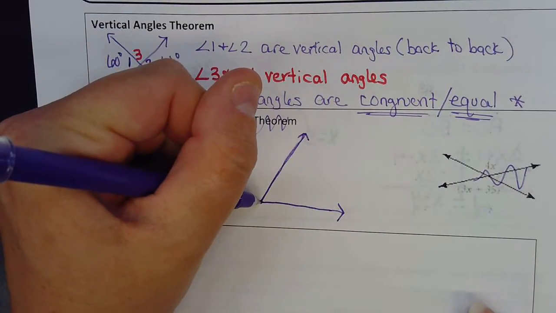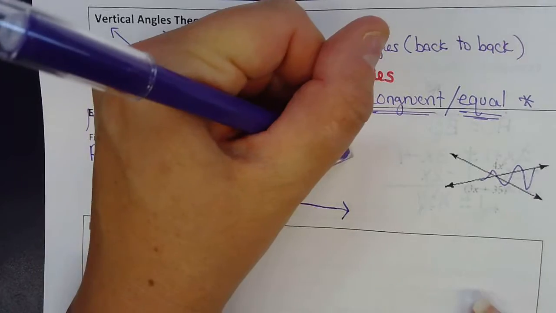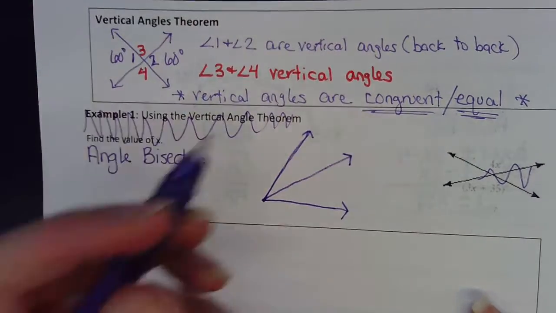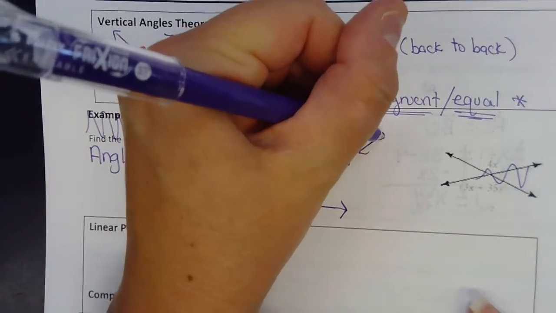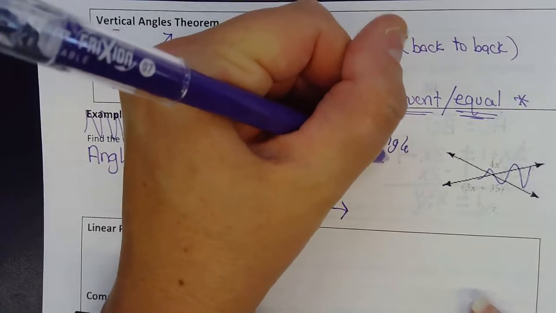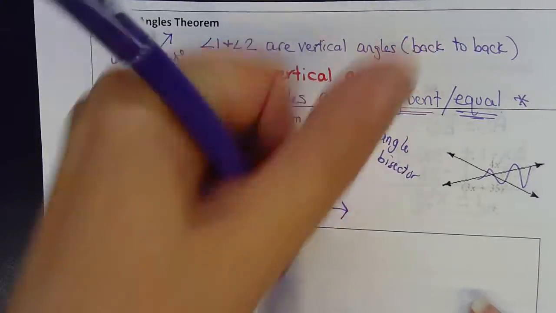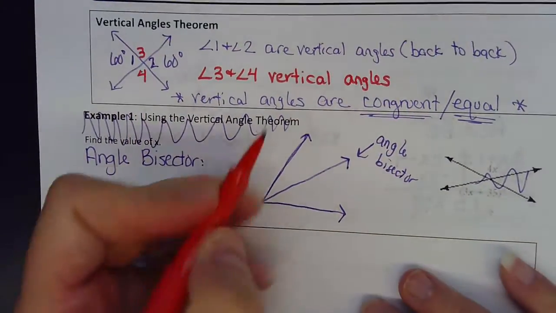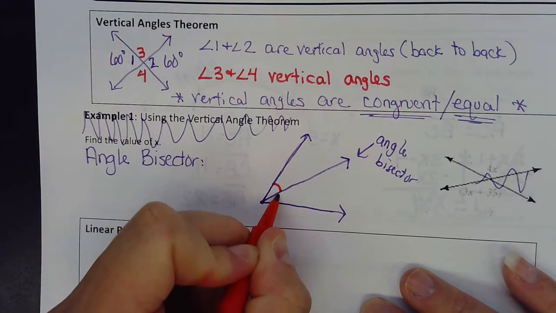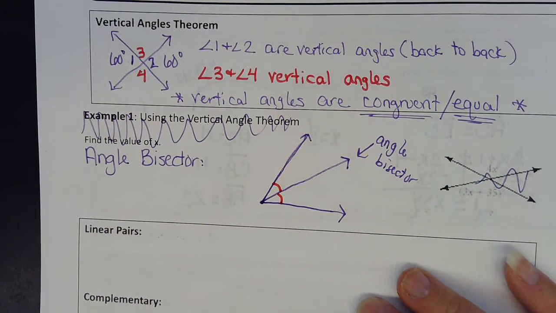And then if you have another ray come from the center, if I'm going to call this right here the angle bisector, what this is doing is it's cutting the angle into two equal pieces. So this piece and this piece are equal to each other.